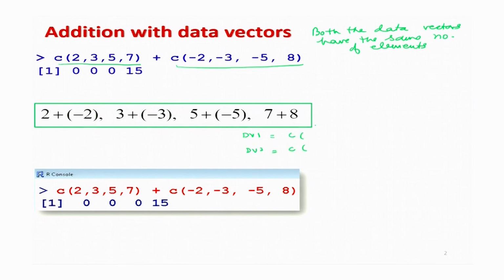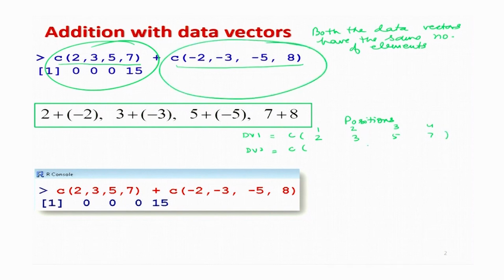These are the positions: position number 1, position number 2, position number 3 and position number 4. In data vector 1, the values are 2, 3, 5 and 7, and in data vector 2, these values are -2, -3, -5 and 8.